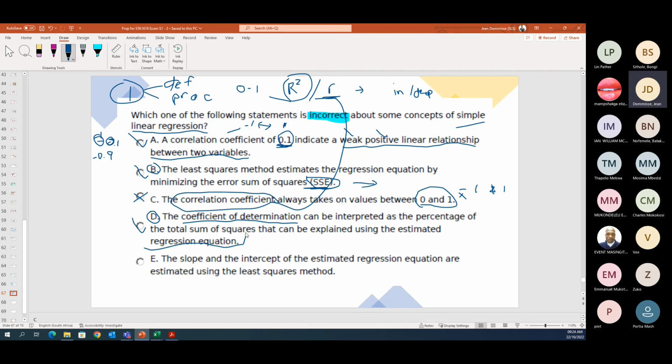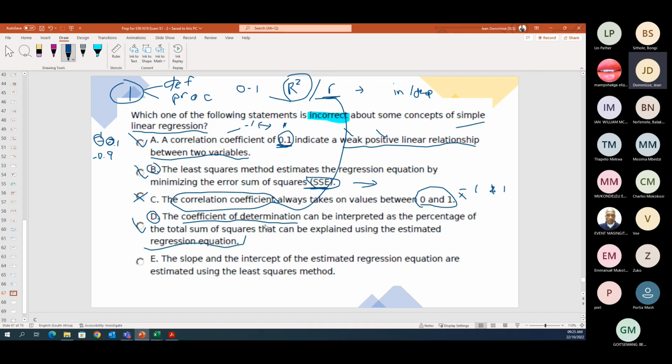If we used 0.1 and took the power, it would be very weak, a very bad explained percentage.